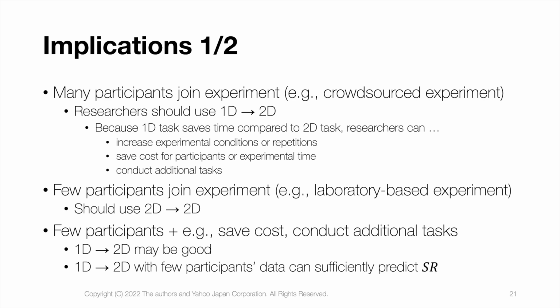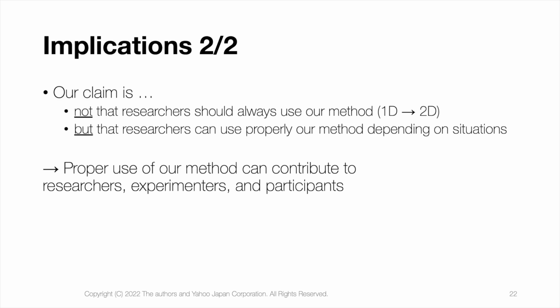Because using the 1D task results with few participants' data can sufficiently predict the success rates. Our claim is not that researchers should always use our methods, but that they can use our methods properly depending on situations. Proper use of our methods can contribute to researchers, experimenters, and participants.